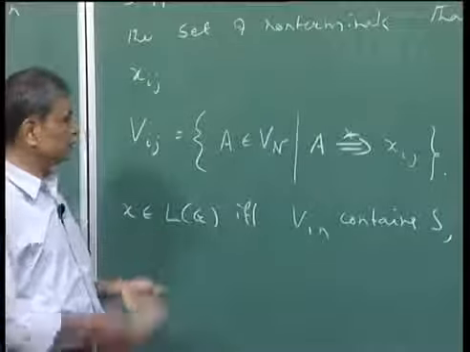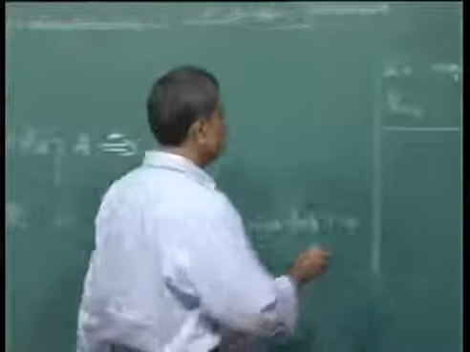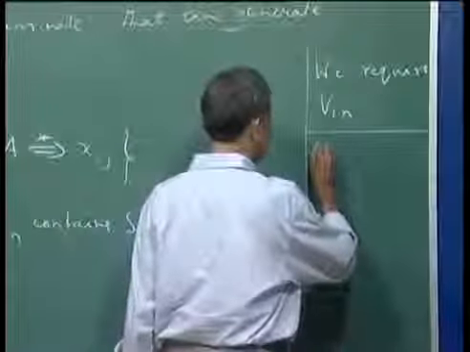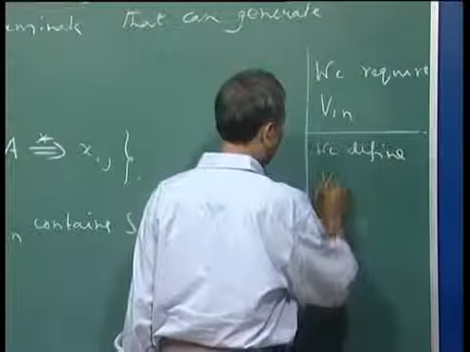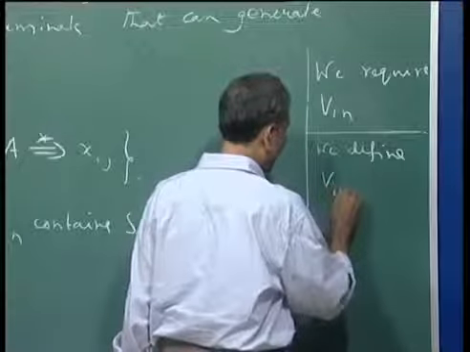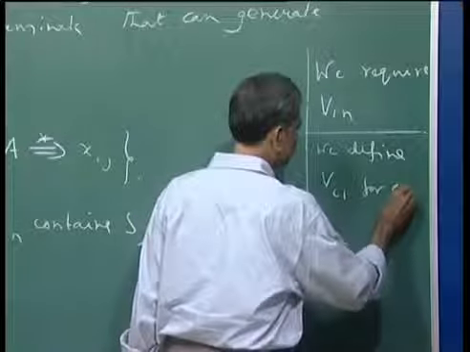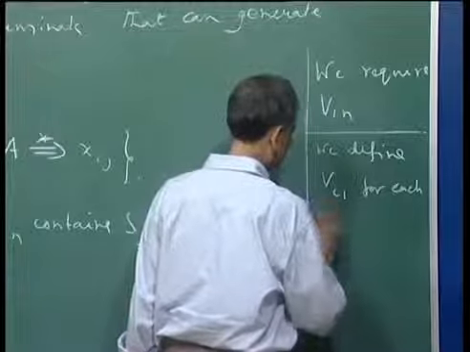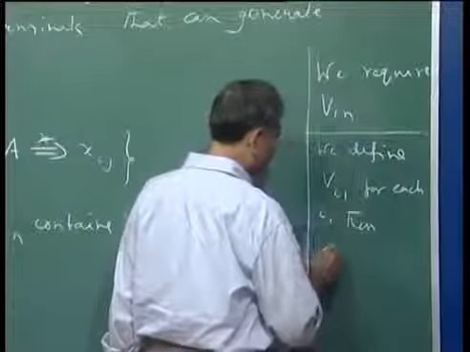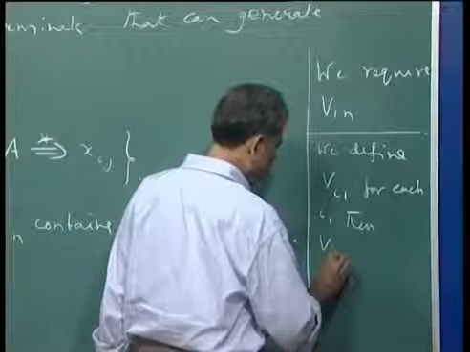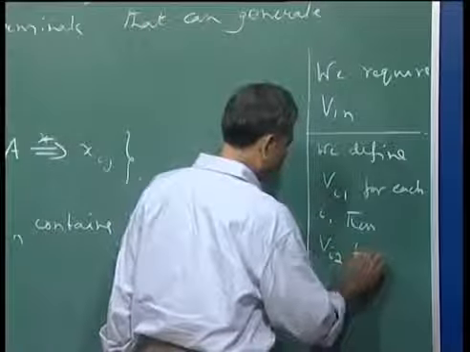So essentially, first we define Vi1 for each i, then Vi2 for each i.